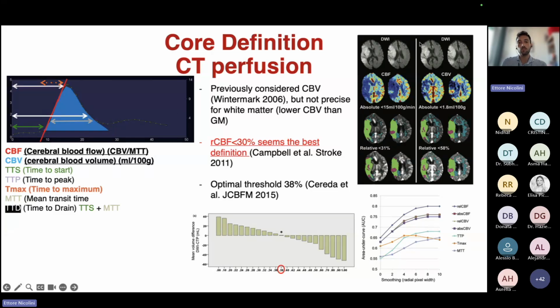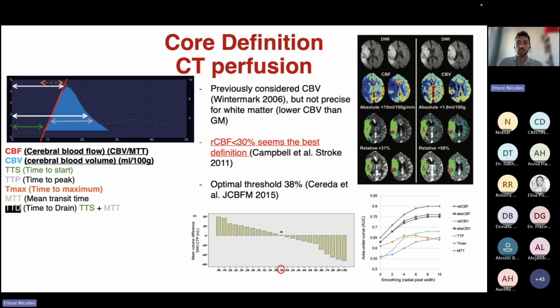We know that previously cerebral blood volume was used to detect the core in CT perfusion, but it was not precise, especially in white matter. And then, as we can see from the area under the curve of this study, the relative cerebral blood flow was set as the best parameter to detect the core as compared to DWI lesion.